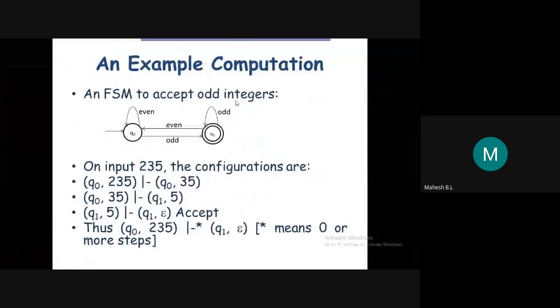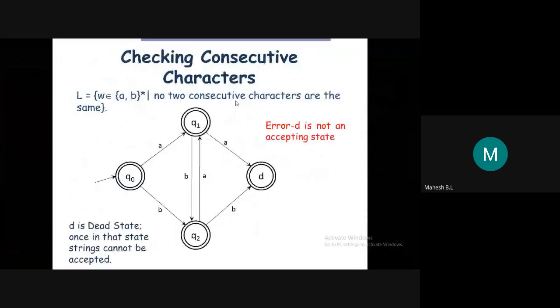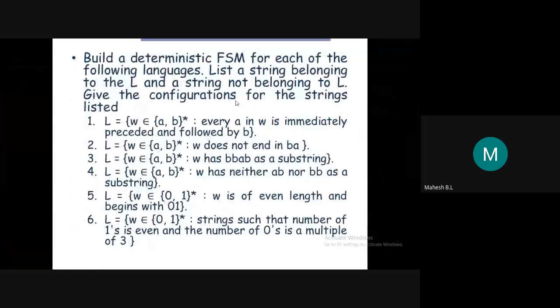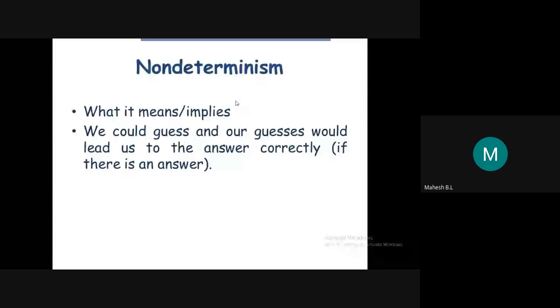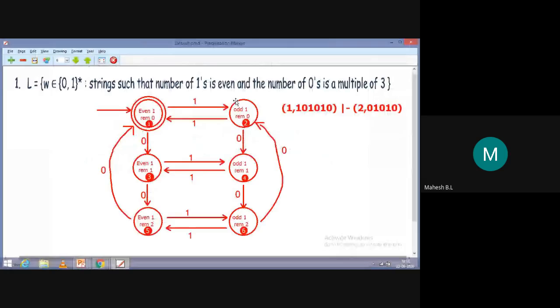Next, we discussed a lot about deterministic machines. Just remember, what is a DFSM? It has 5 tuples: K, sigma, S, A, and delta. You need to know what a configuration is. Configuration captures two things: the current state and the input that remains to be read.